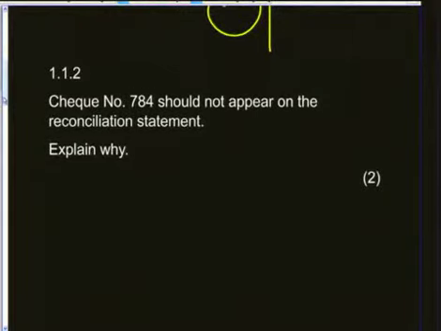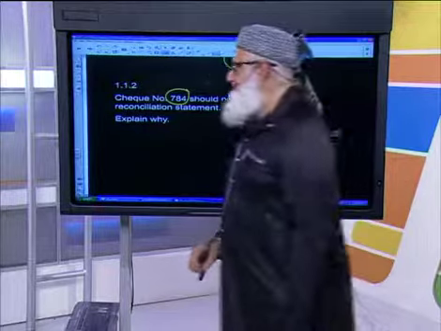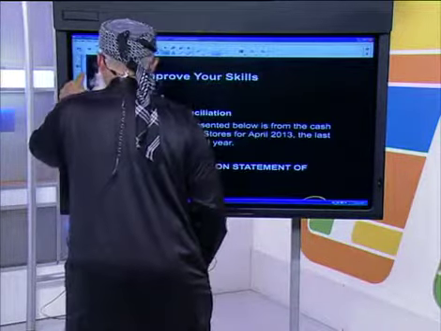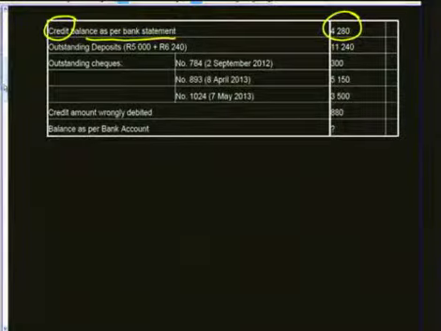The next question says, cheque number 784 should not appear on the reconciliation statement. Explain why. Now let's find out. Cheque number 784, there it goes.